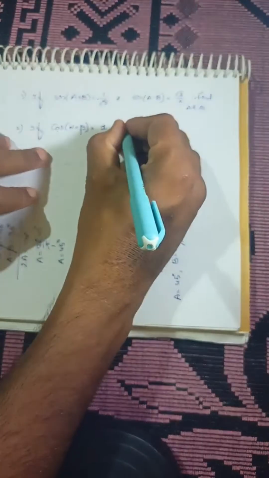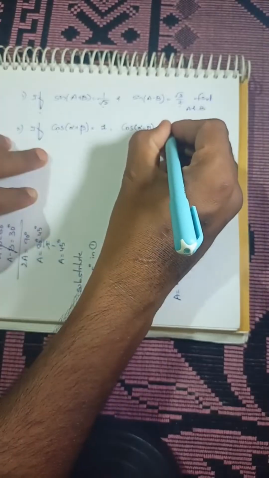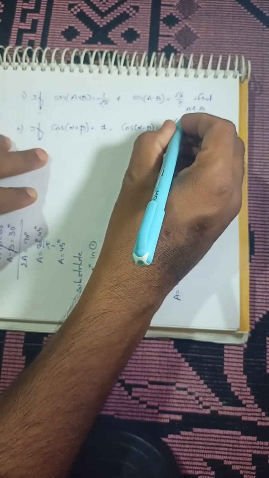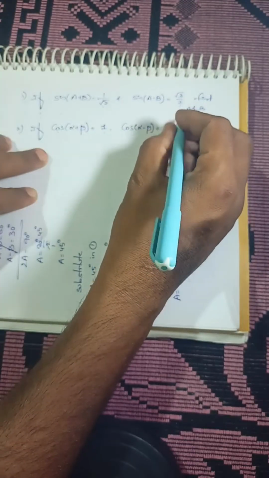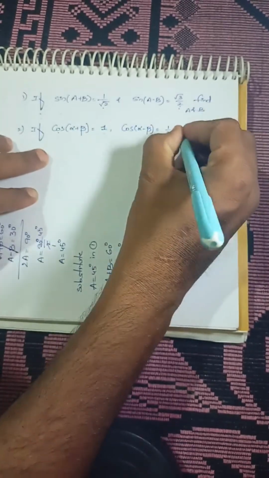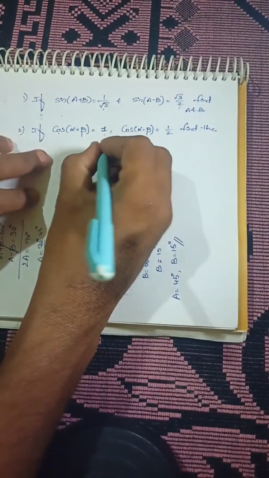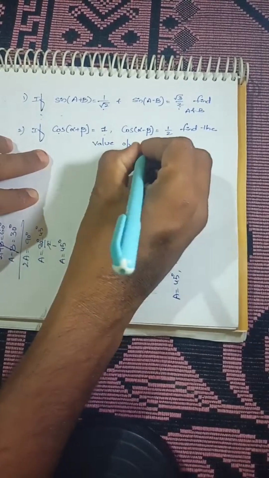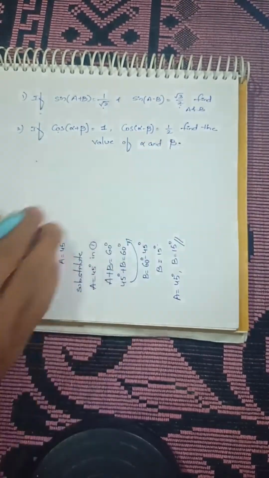Next, cos of alpha minus beta is equal to 1 by 2. Find the value of alpha and beta. So I have covered all three problems.